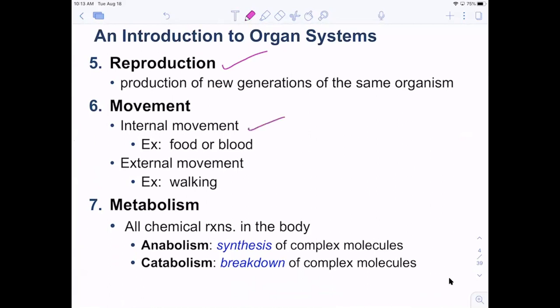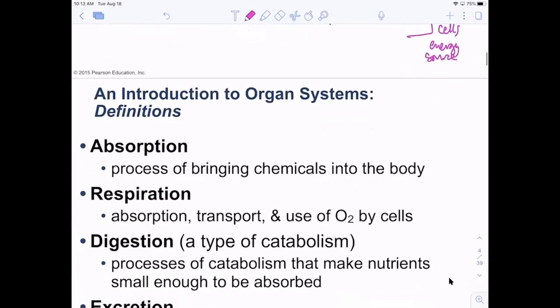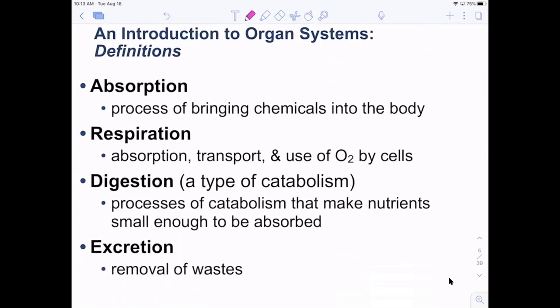Movement: there's internal movement and external movement. Metabolism, again, is to create ATP for the cells, an energy source, and we use oxygen to create ATP. So here are some terms and definitions that you should familiarize yourself with.